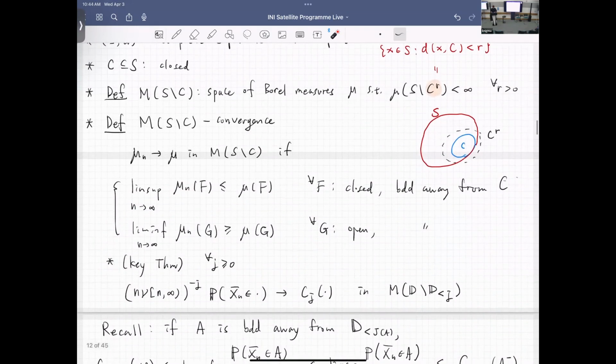So the key theorem is that this measure of our interest, for which we want to prove the LDP, normalized by this number, converges in M to this C measure. Just look at this. This means that for any F, the lim sup is bounded by this.